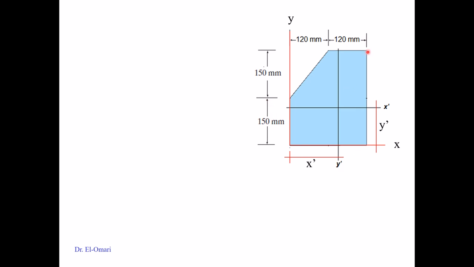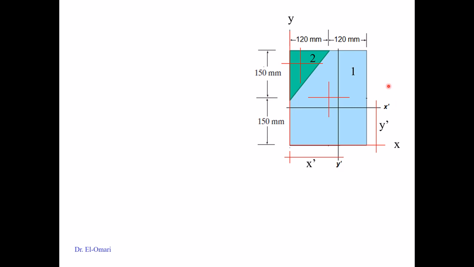Or I can simply divide it into one big shape, which is this big rectangle, where I know the location of its centroidal axis exactly in the middle, here 120 and 150, and then subtract from that this triangle, where you also would know the location of its centroidal axis.